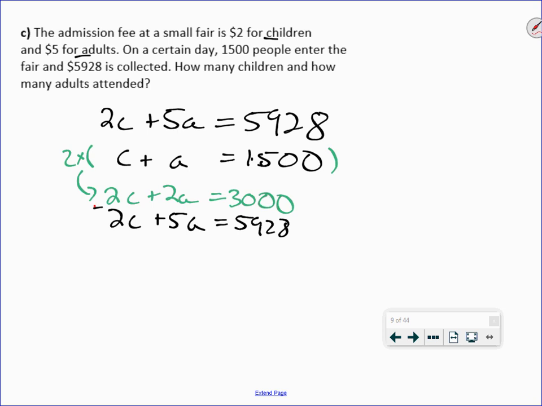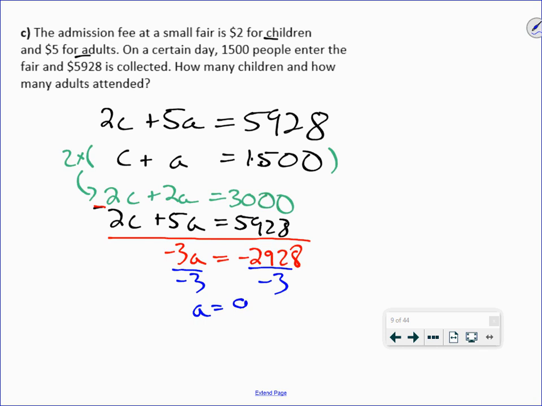I'll subtract the two equations, and I will get negative 3a equals negative 2,928. I'm going to divide this by negative 3, and I'll get a equals 976. So there were 976 adult tickets sold.